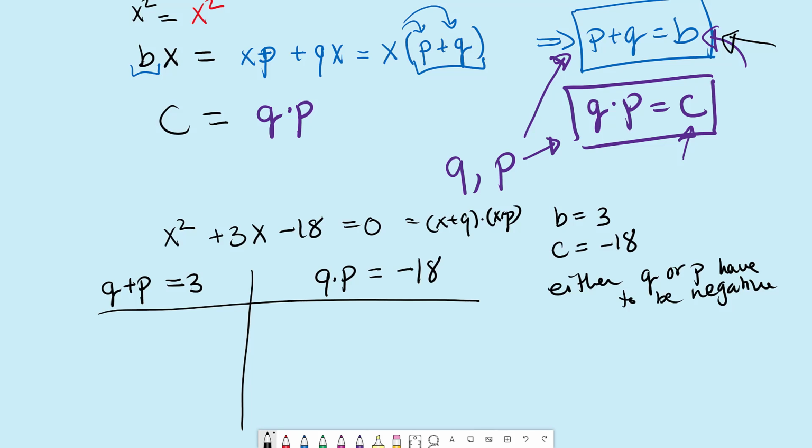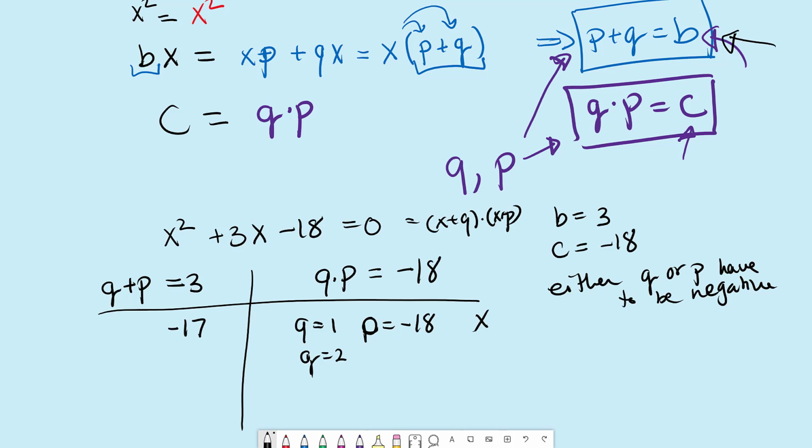So let's take q equals 1 and p equals negative 18. The product of these two numbers is definitely negative 18, but their sum gives us negative 17. This is not a good solution. This does not work for us. Okay, what about q equals 2?